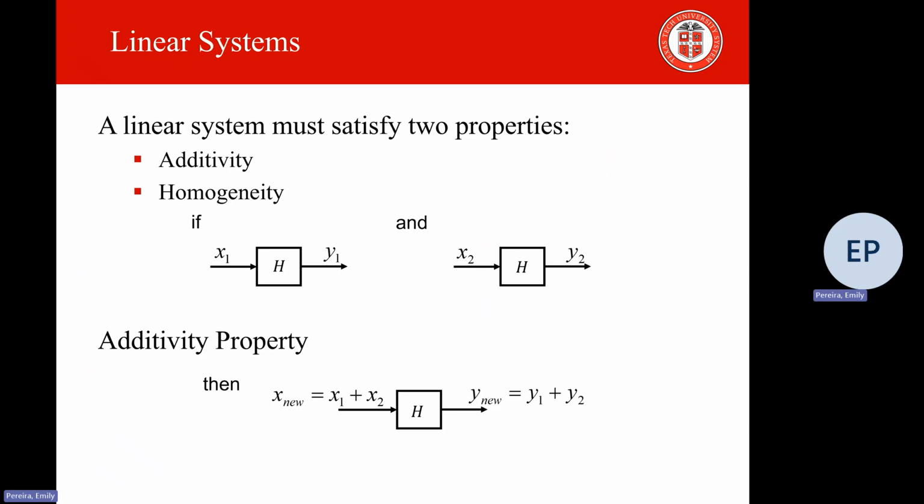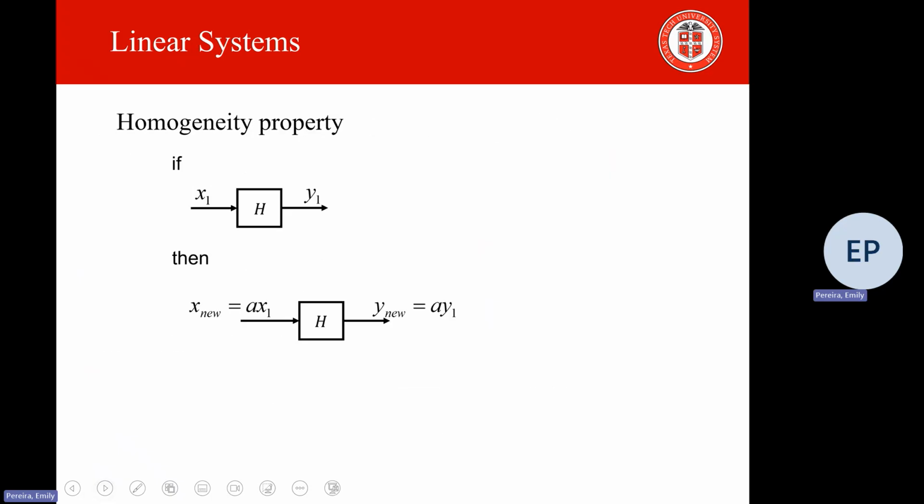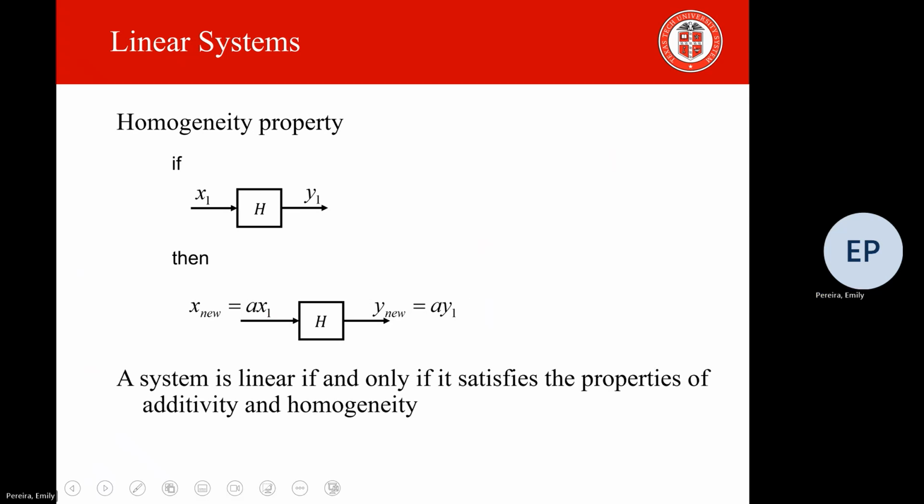That's what additivity means. And homogeneity means if we scale the input, then we have to scale the output by the exact same amount. So it's linear only if it satisfies property 1 and property 2.